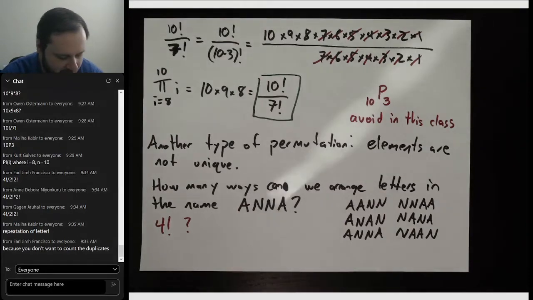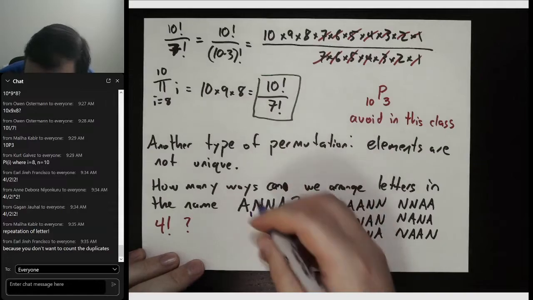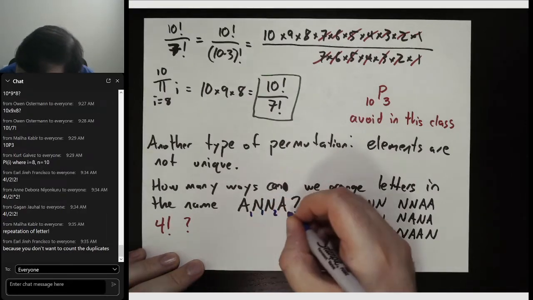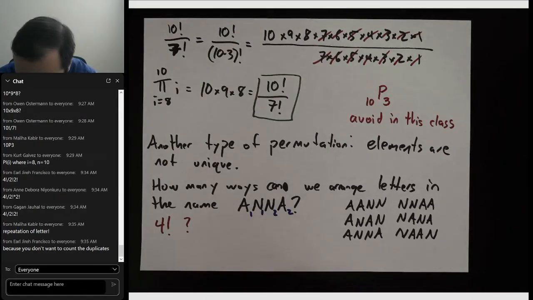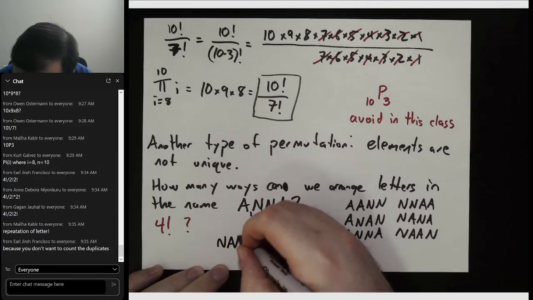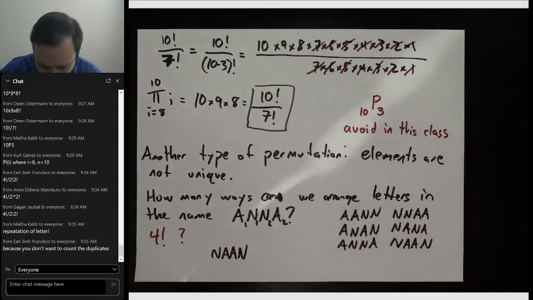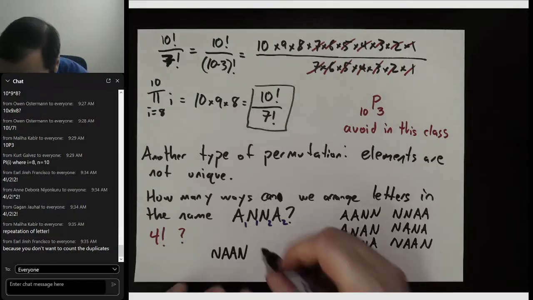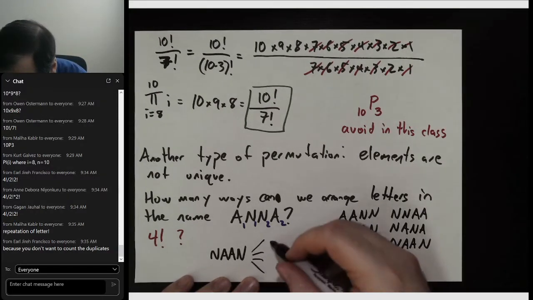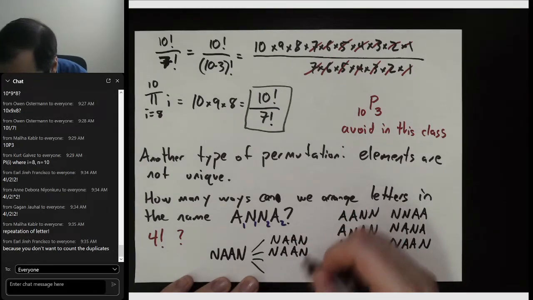If I gave my letters individual names, A1, N1, N2, and A2, if I look at one of my arrangements, NAAN, there are 4 different arrangements that all give me NAAN.